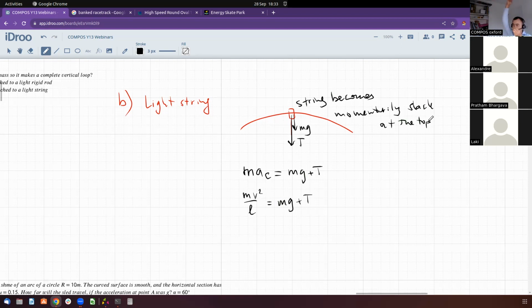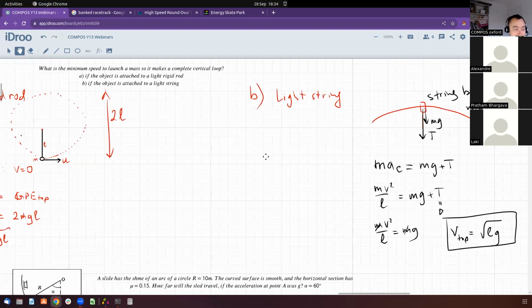There's no tension in the string at the highest point. So T is 0. Therefore, mv squared over L is equal to mg. M cancels, and you have the speed at the top is equal to root Lg. That's the minimal speed you need to have at the top for it to actually travel through.